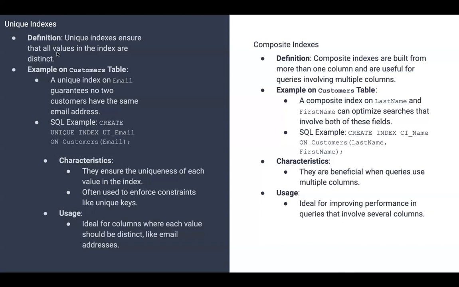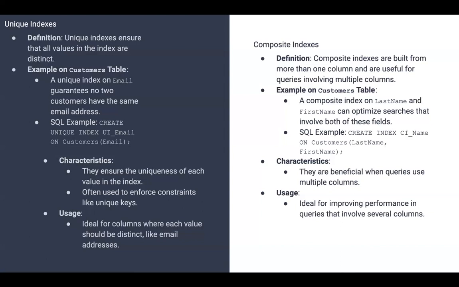Unique indexes can only exist on one column, and every value should be distinct. But composite indexes can be used on multiple columns, like a group of columns. So they are beneficial when queries use multiple columns. They are ideal for improving performance in queries that involve several columns.